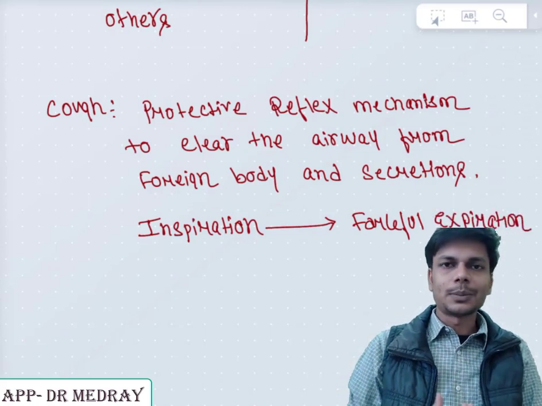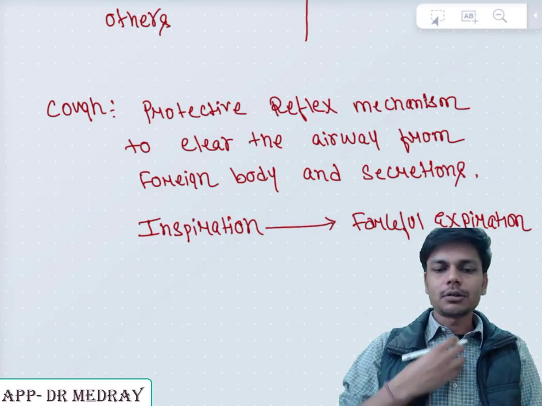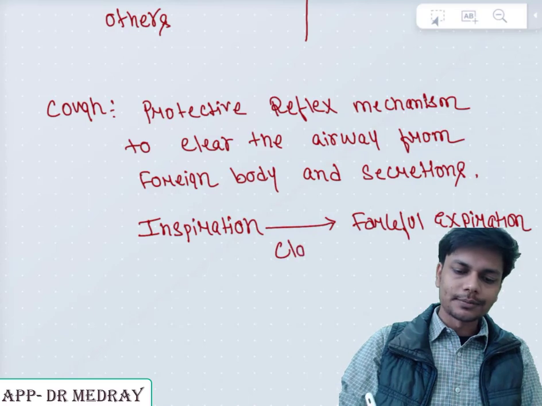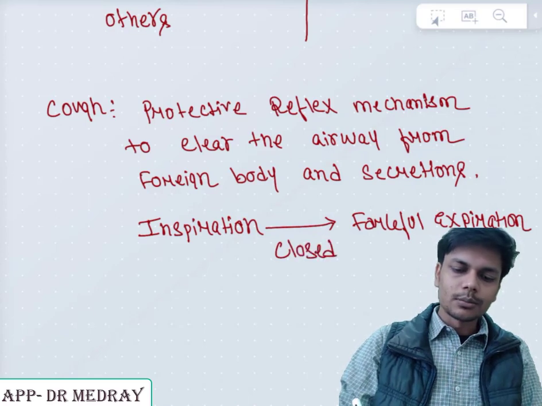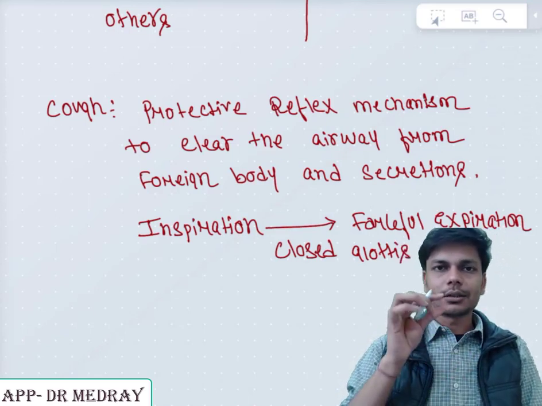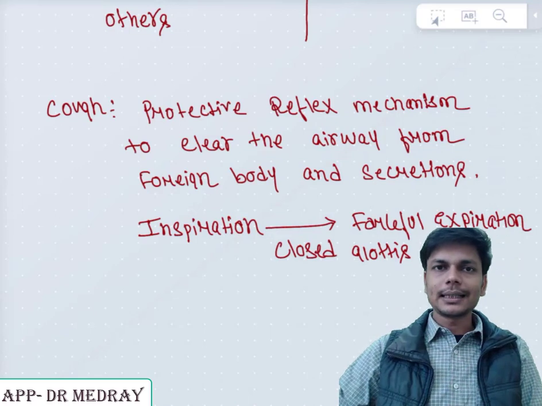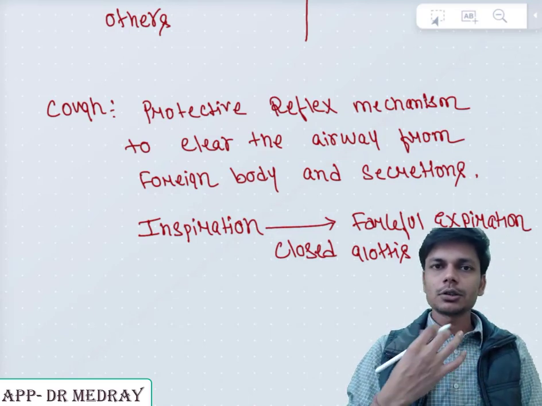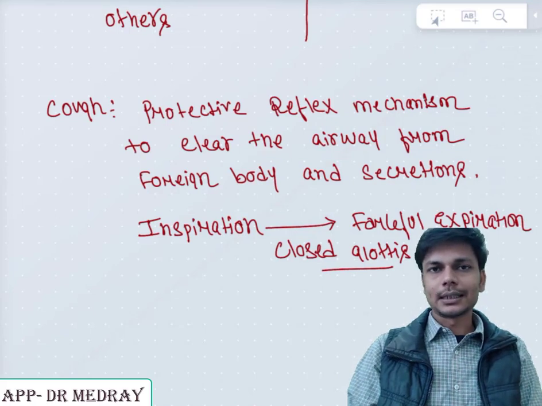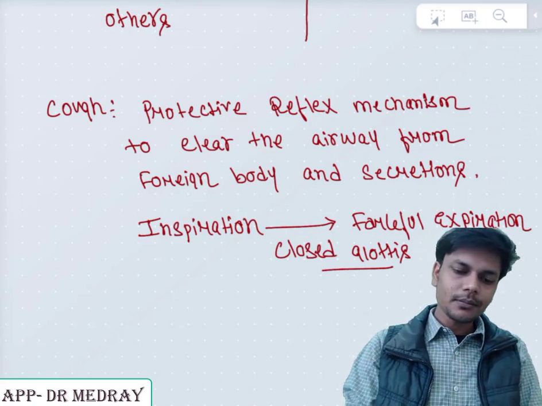It is usually an inspiratory effort followed by a forceful expiratory effort against the closed glottis, closed vocal cord. So after inspiration, the vocal cord is closed and there is sudden expiration and forceful opening of this vocal cord which produces a sound that is known as cough.